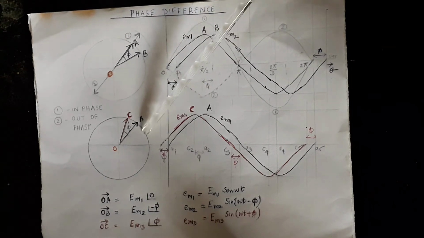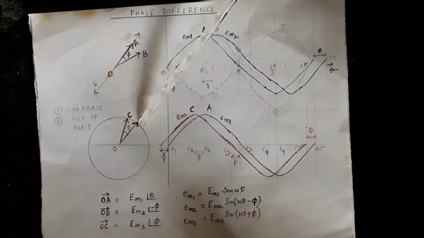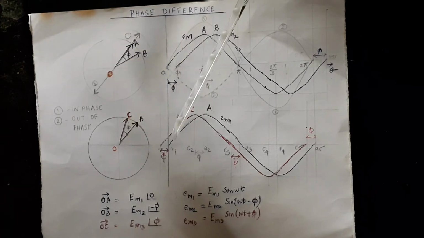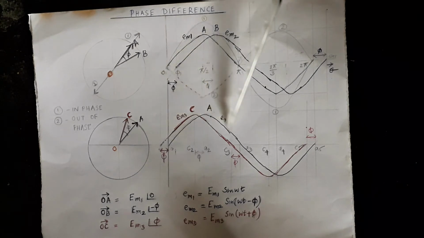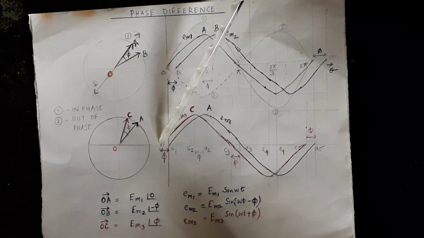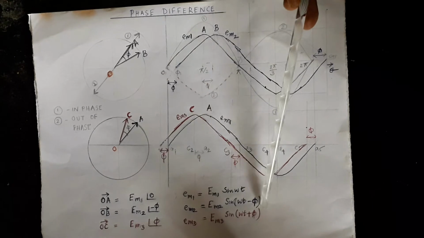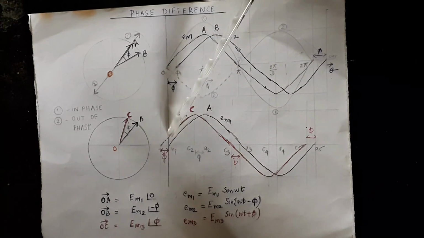See this diagram. Here OC is drawn leading OA by an angle of phi radians. Again OA, e1, is taken as reference. I have drawn one more sinusoidal quantity, e3. So e3 has reached its 0 value even before e1, and at t equal to 0, e3 is equal to E_m3 sin phi. It has a positive value.